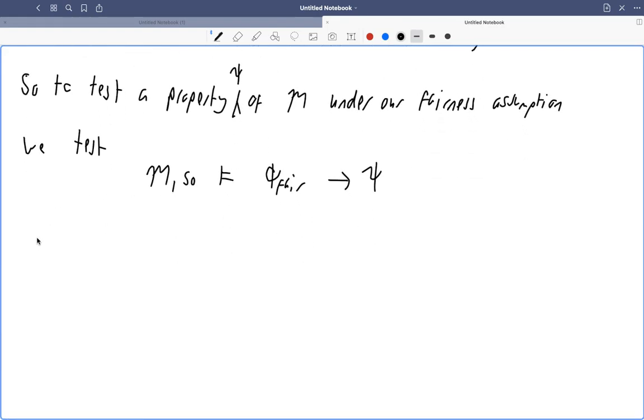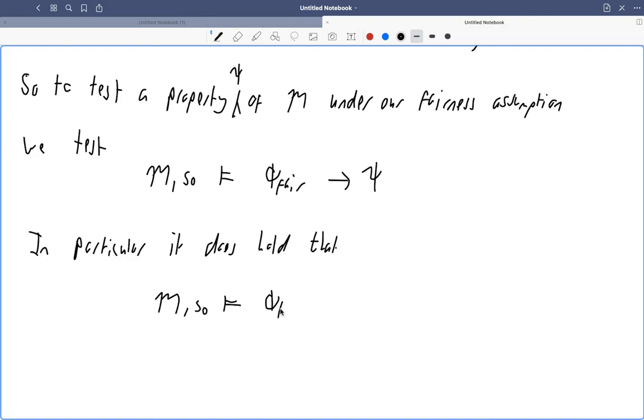So in particular, our system M here is our original mutual exclusion model, and it does hold that under the fairness assumption we have the liveness property.